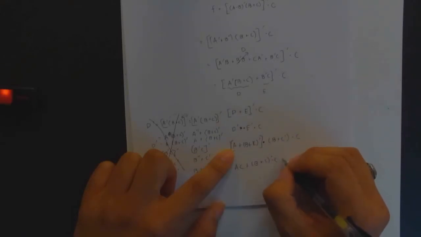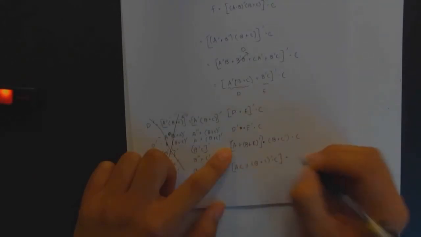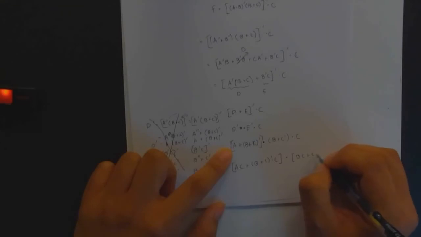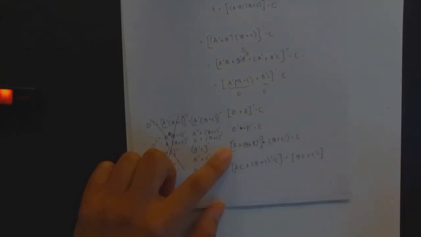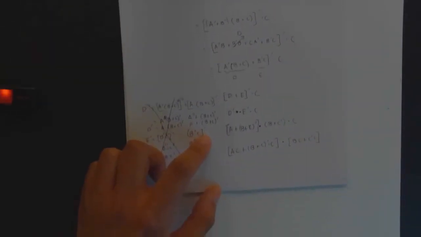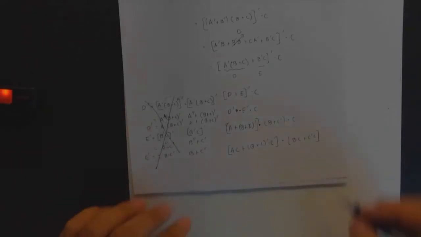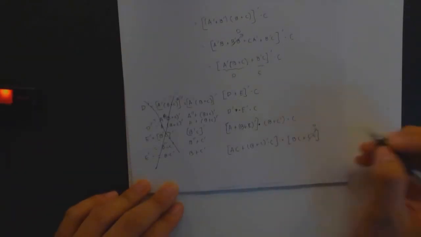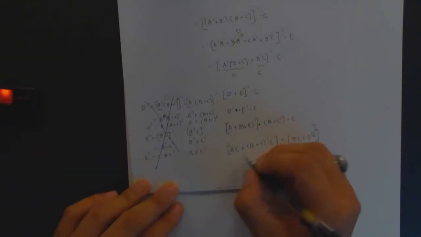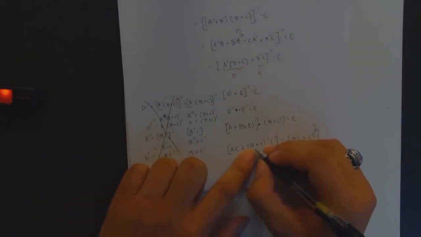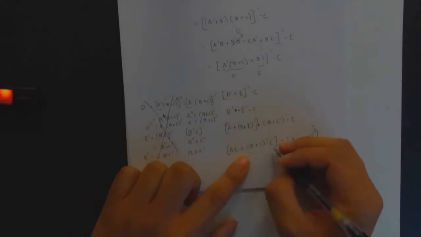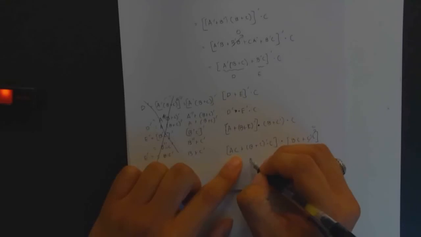So distributing in here, we have AC plus B or C prime C, all of that anded with BC or C prime C. Okay.